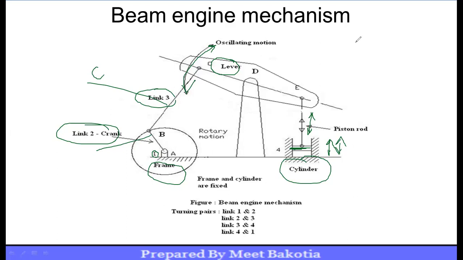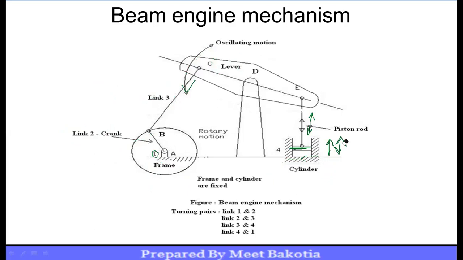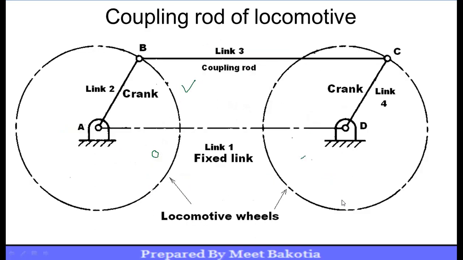Let us move to the next inversion of the four bar chain mechanism, and that is the coupling rod of a locomotive. The coupling rod of a locomotive is also called the double crank mechanism.